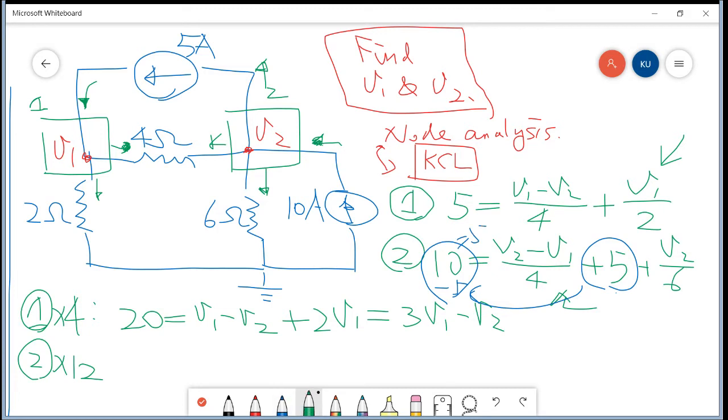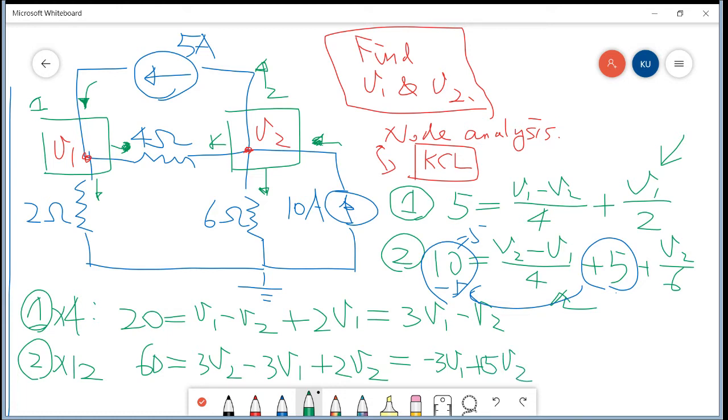Okay, so to simplify a little bit, 5 times 12 is 60 equals 3V2 minus 3V1, and then plus 2V2. So it becomes minus 3V1 plus 5V2.